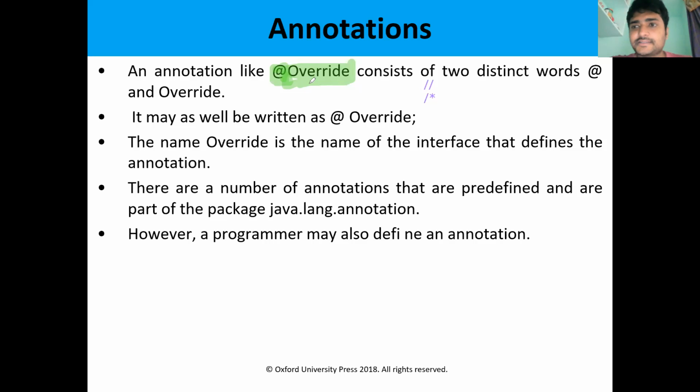Base class methods and subclass methods can be exactly the same, so the compiler cannot differentiate them. If you tell the compiler that this is an override method, the compiler's work is very easy. That's why we use the annotation @Override. This is the predefined annotation.